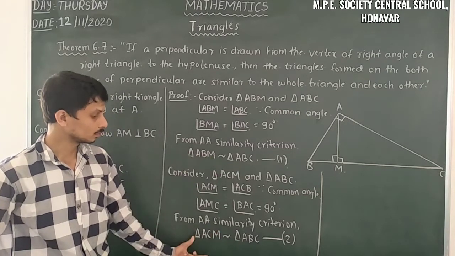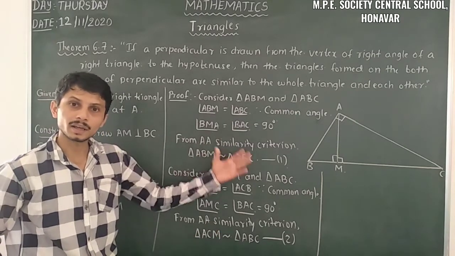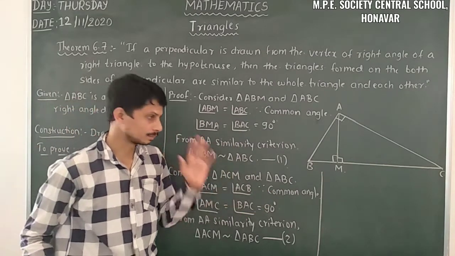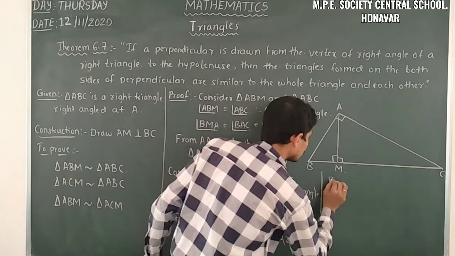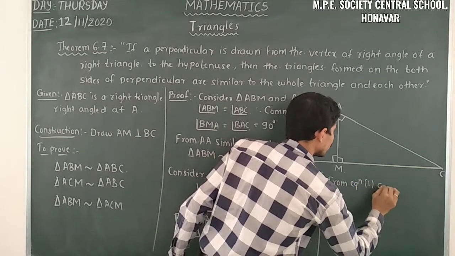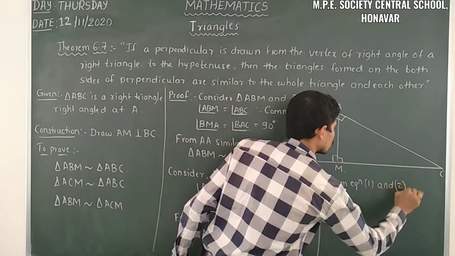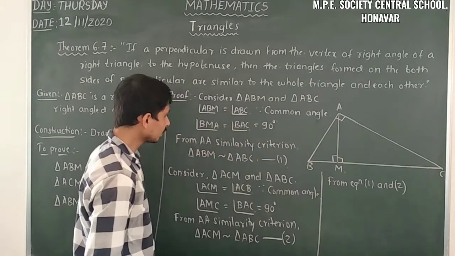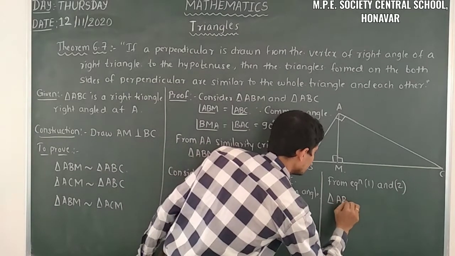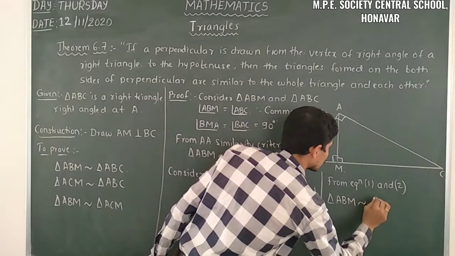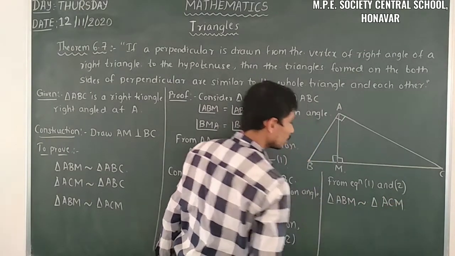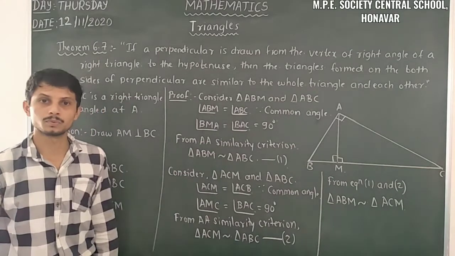So those two triangles on either side of the perpendicular are similar. That is, from equations 1 and 2 we have triangle ABM is similar to triangle ACM. So we have the proof.